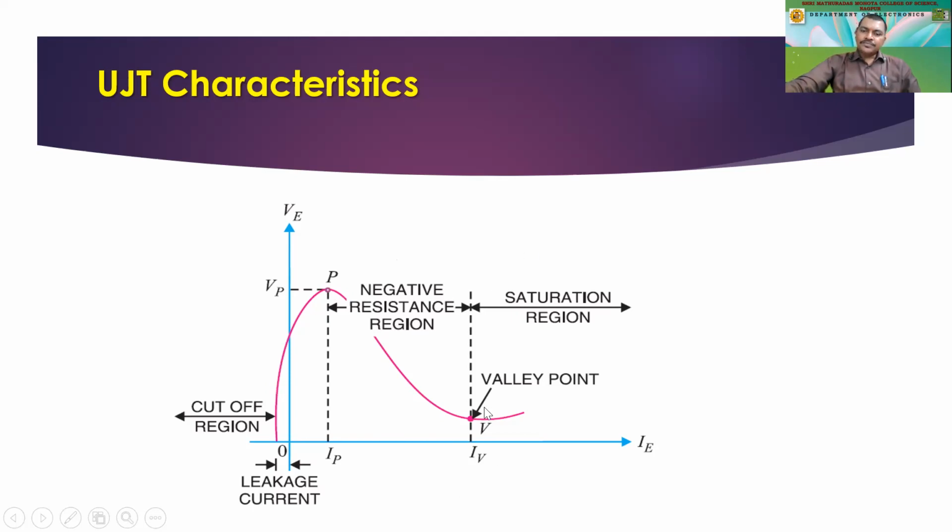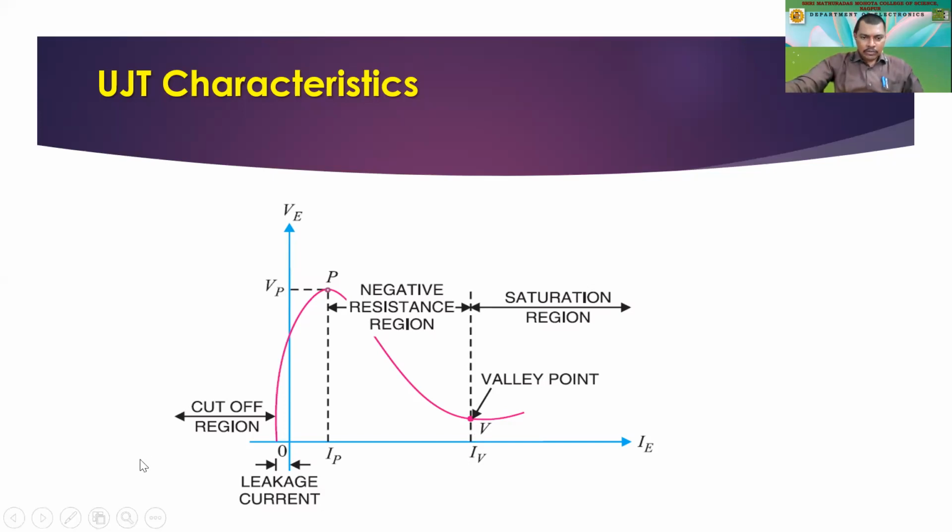And after that, we have a valley point, the point at which the current becomes maximum and the voltage is reduced to the minimum level. That particular point is called the valley point, or we also call it the cutoff voltage. And the current at which we have this valley point, we call the cutoff current, right?